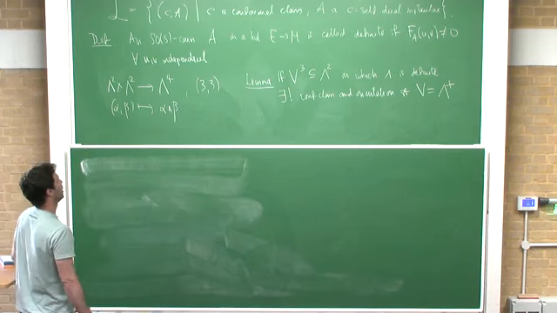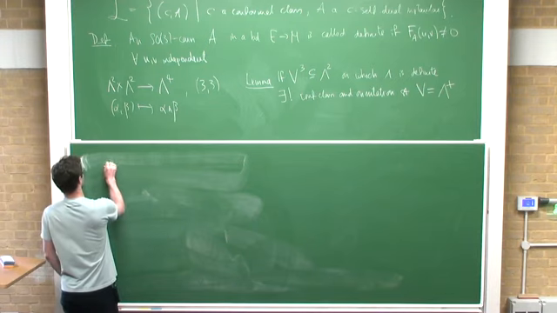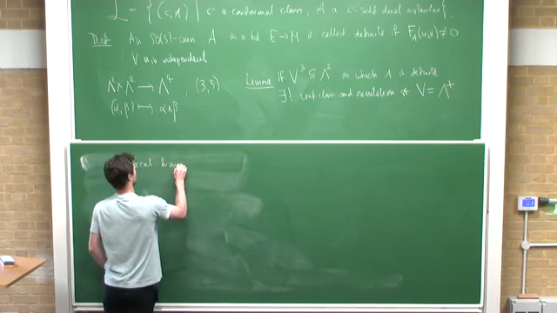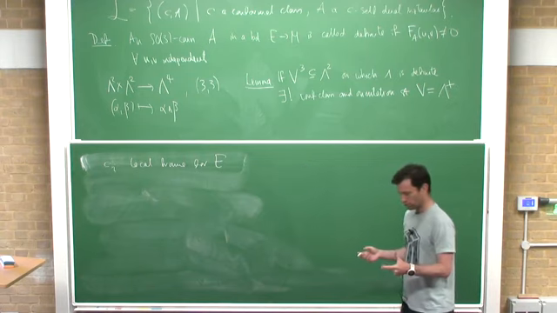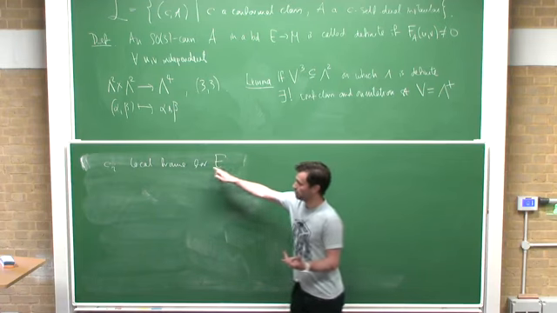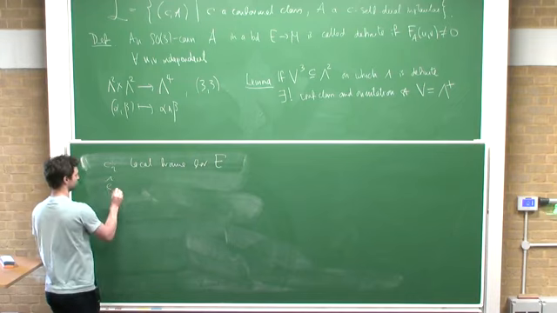Okay, so to make life easy for myself, let's just choose a local frame e_i for E, an oriented orthonormal basis at each point for the fibres of E. And then I'm going to use the same letters. Okay, to begin with, let me use a hat so that we can see that they're different.